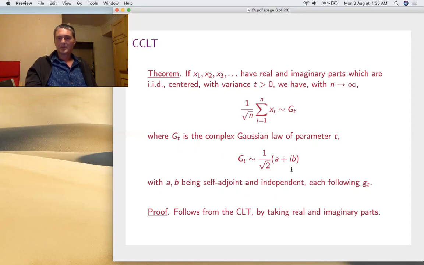This Gaussian law, I remind you, is the law of A plus iB, normalized by square root of 2, with A and B independent, each of them following G_t. You don't have to reprove this. It just follows from the usual CLT by taking real and imaginary parts.